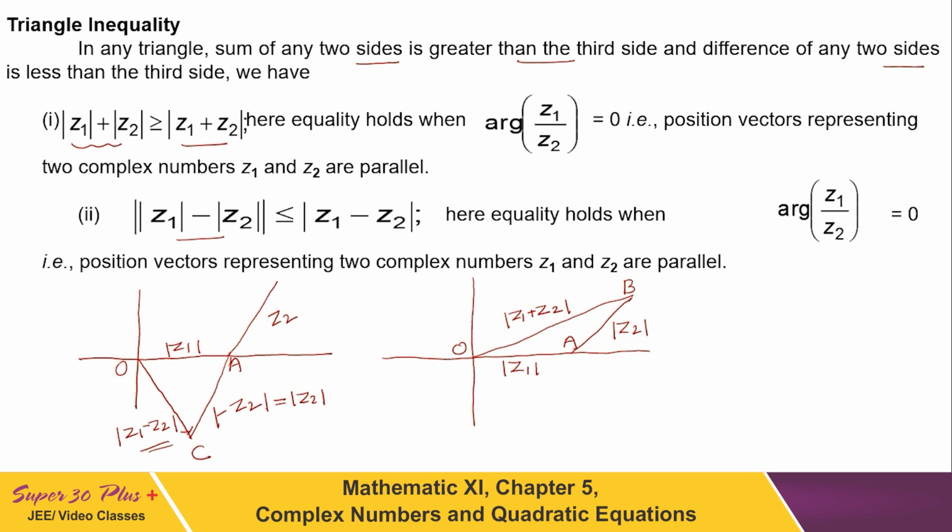And here equality holds if argument of Z1 upon Z2 is equal to 0, meaning the position vectors representing the two complex numbers Z1 and Z2 are parallel. These are two most important properties, called the triangle inequalities, and we can use these properties in different questions.